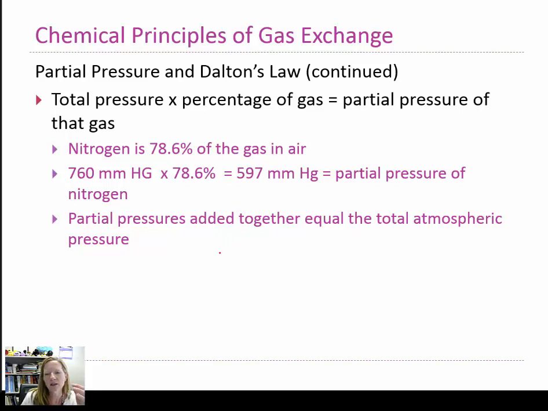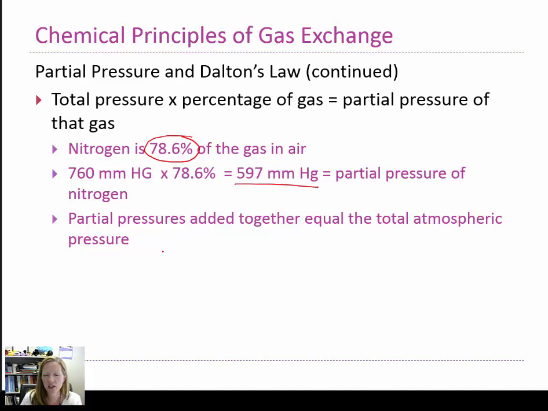Nitrogen is the most abundant gas found in the air. 78.6% of the gas in the air is nitrogen. To find the partial pressure, we take that 78.6% and multiply it by 760, and that gives you your partial pressure, 597.